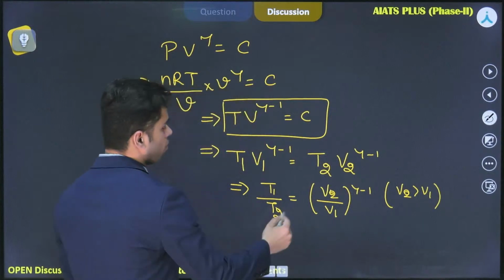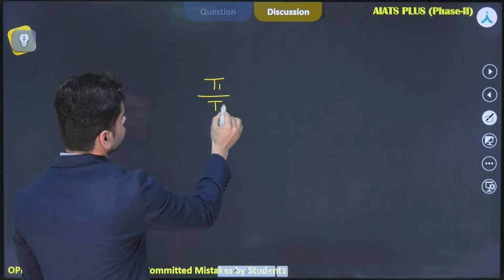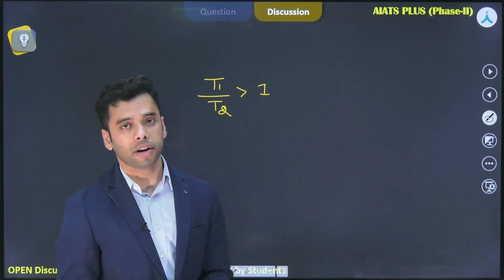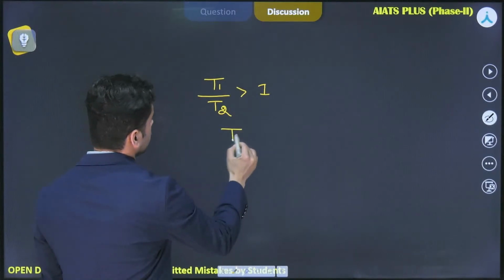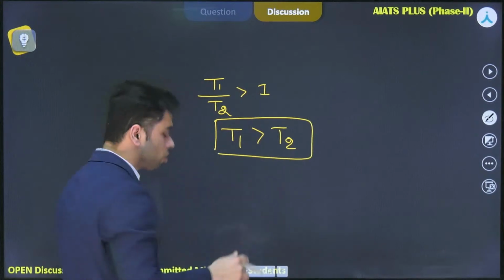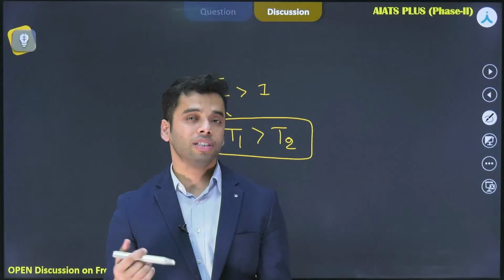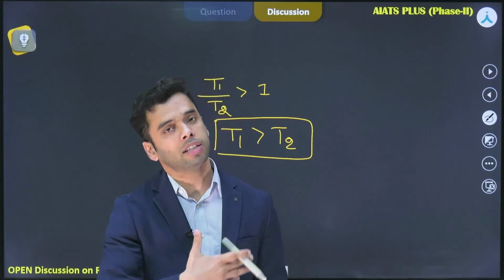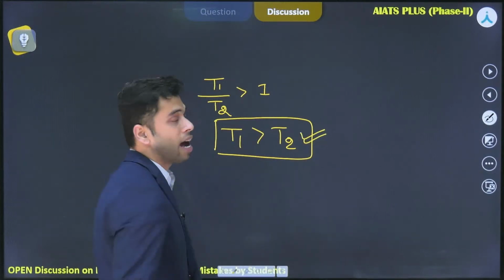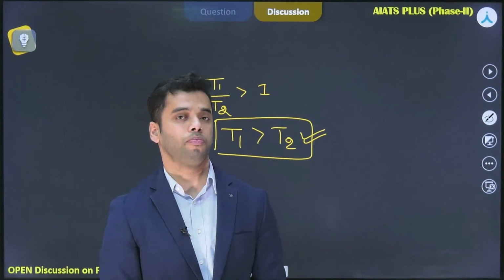So this ratio T1 by T2 is also greater than 1. It means that T1 is greater than T2. Now T1 is the initial temperature, T2 is the final temperature once the expansion is going on. So you can see that if the adiabatic expansion of an ideal gas is taking place, mathematically we can see that the temperature of the gas is decreasing. It is not increasing, it is decreasing.